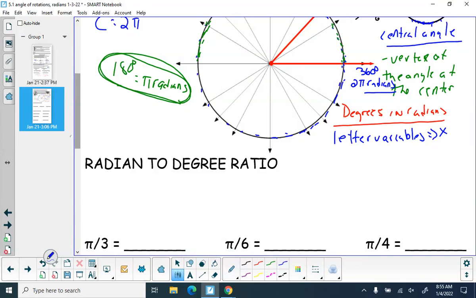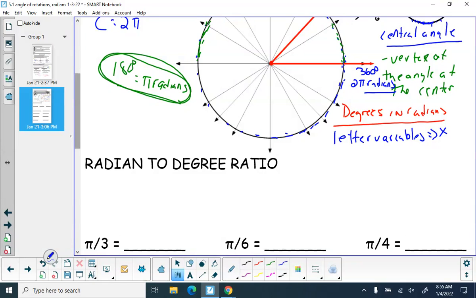Most of the time we're going to be using x. When you're dealing with degrees, you have your theta and your alphas for your angles.